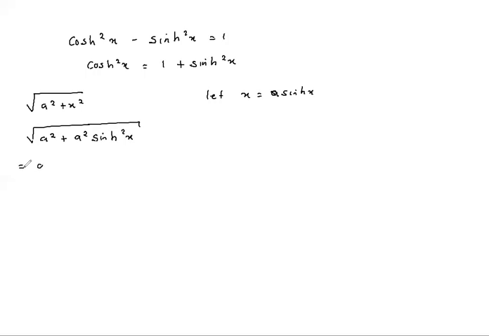This is going to be a squared times 1 plus hyperbolic sine squared x. So that a comes out, and inside the root we now have hyperbolic cos squared x, and this will just give us hyperbolic cos x.